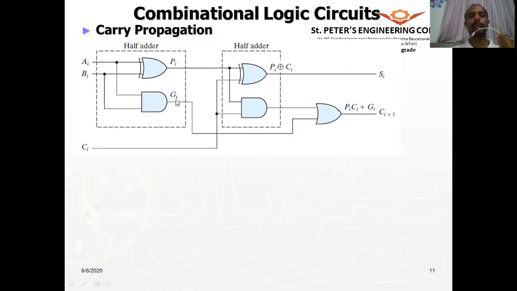We know that the AND gate generates the carry and the OR gate just takes the previous addition, right? So this P we call the propagated carry and G we call the generated carry. All right. So carry generated and carry propagated. So that is the simple reason why P and G are used instead of the partial sum.